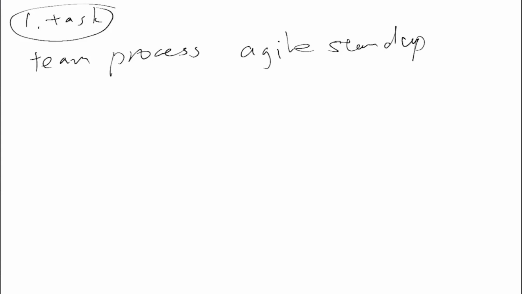What did you do yesterday? What are you going to do today? And usually on a weekly or bi-weekly basis, we have grooming sessions to estimate tickets and assign tickets each sprint to every teammate. The ticket I'm going to talk about today is, I forgot, I think 2 or 3 points, a very small ticket.